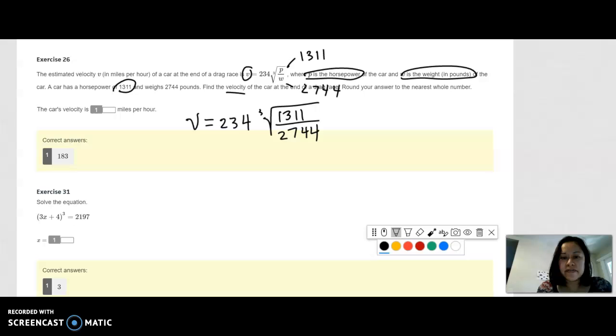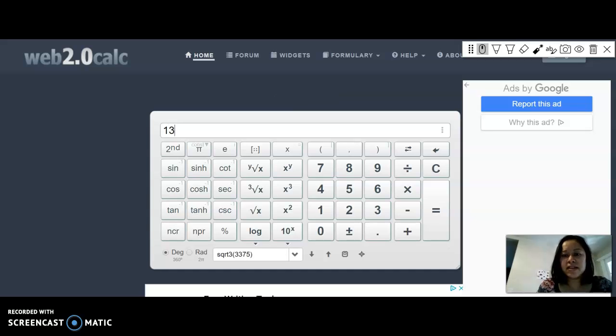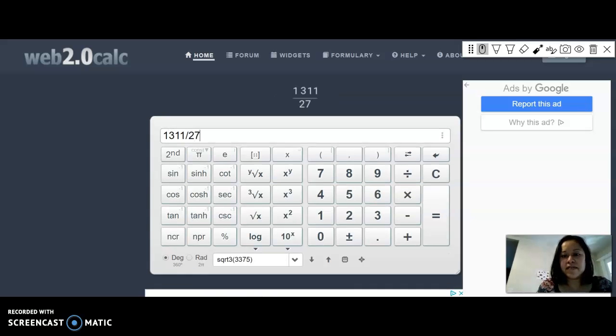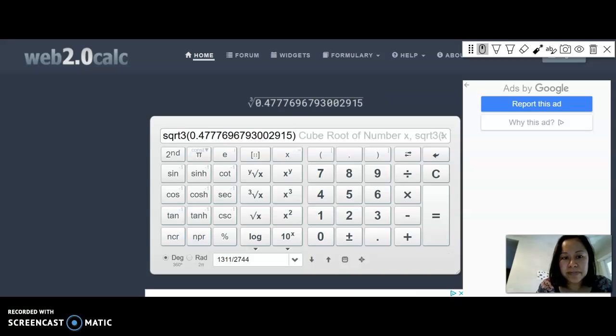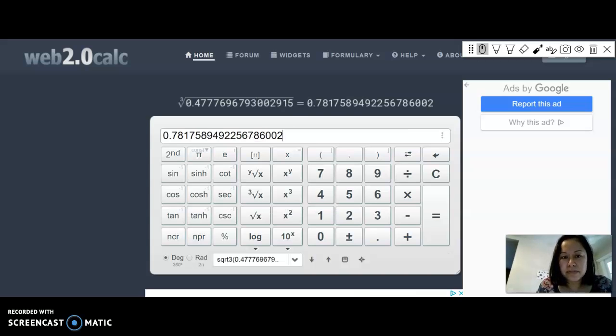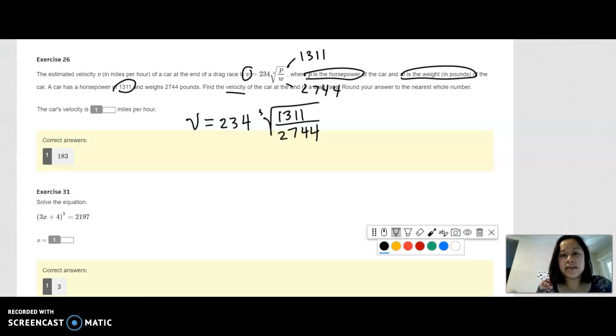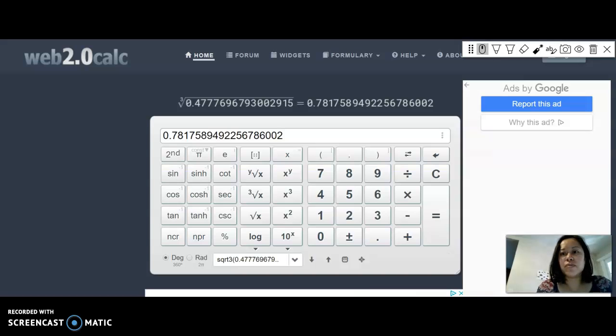We're going to first divide this to simplify it, right? 1311 divided by 2744. That's some strange number. You can leave this in your calculator and then just hit the cubed root button to get 0.781 something. Then we're going to multiply that number by 234.